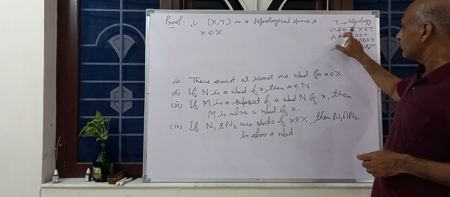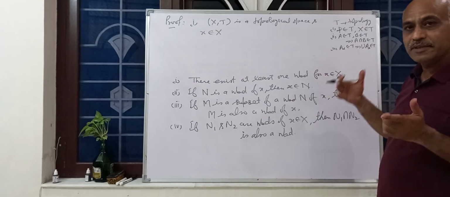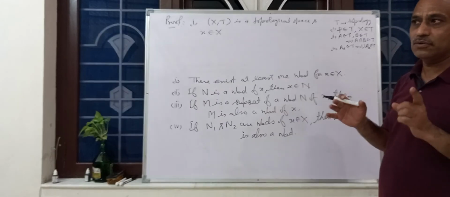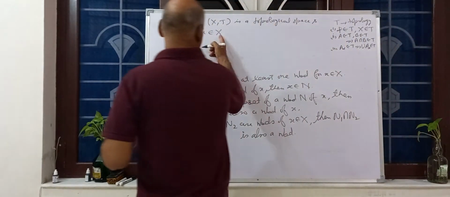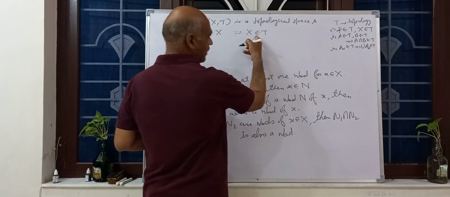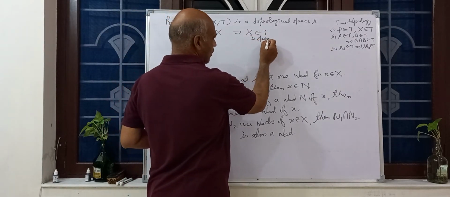So whatever members T has, T contains X also. Elements of T are known as T-open sets. So here X belongs to T, it means X is an open set.